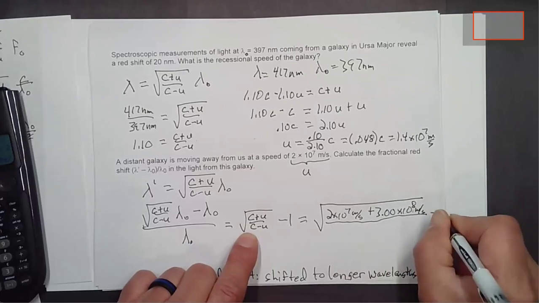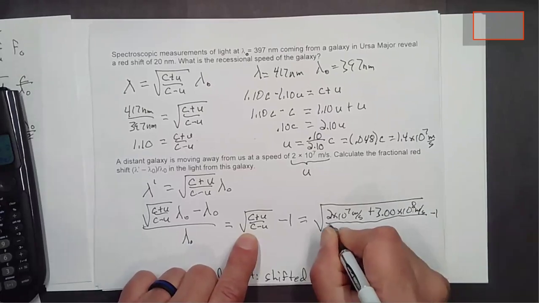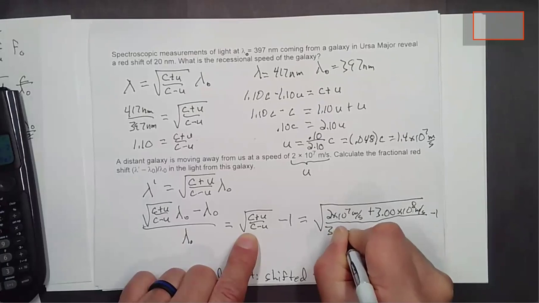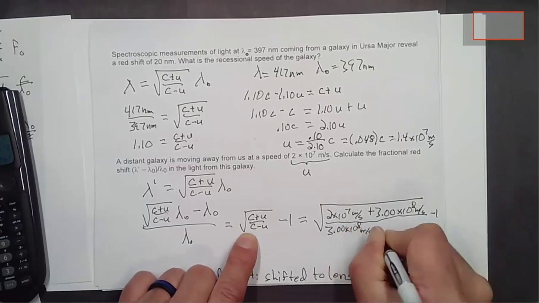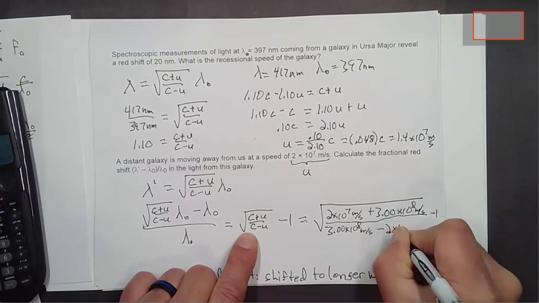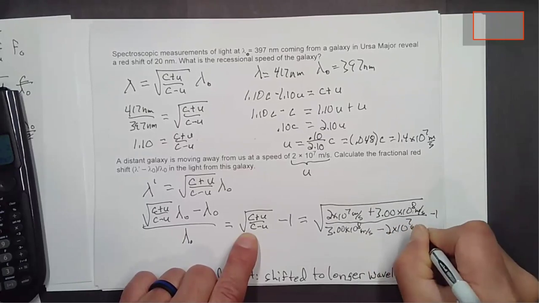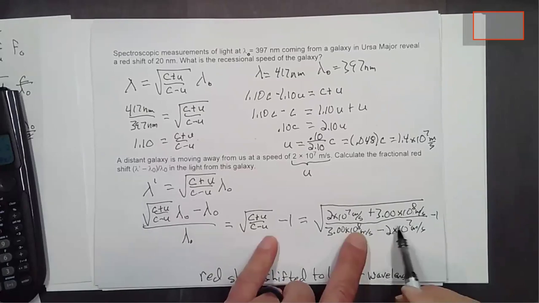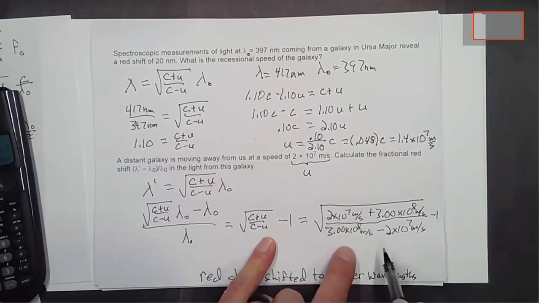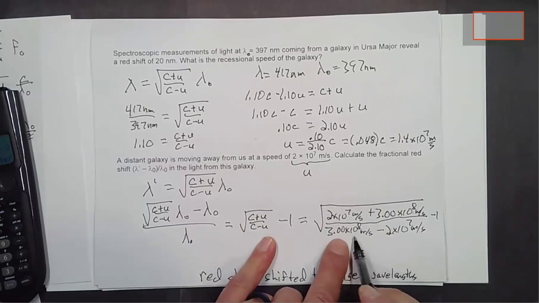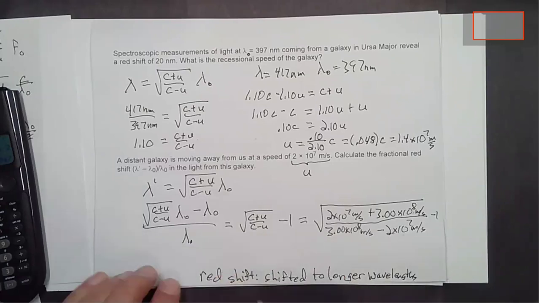And then I subtract 1 at the tail end. All right. 3.00 times 10 to the 8th minus 2 times 10 to the 7th meters per second. This is going to give me 3.2 times 10 to the 8th on top, and 2.8 times 10 to the 8th on the bottom.